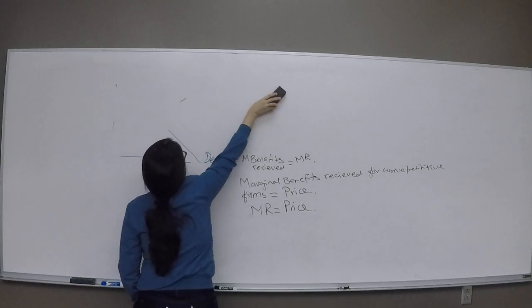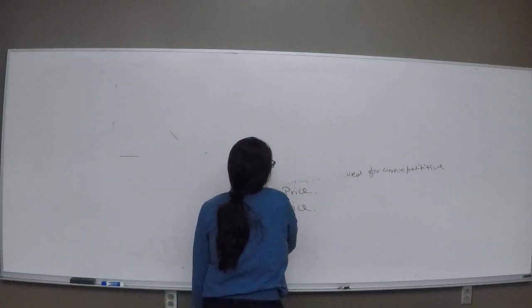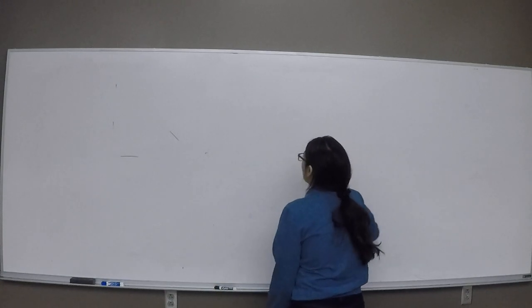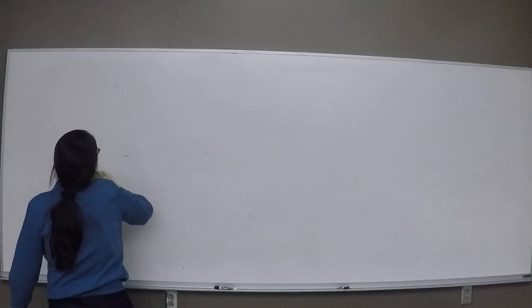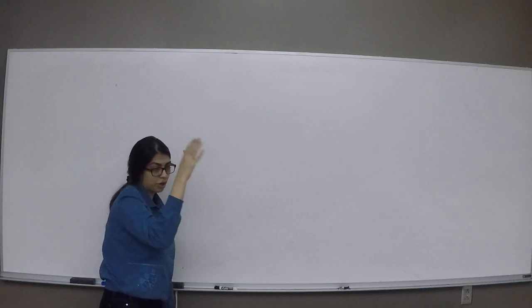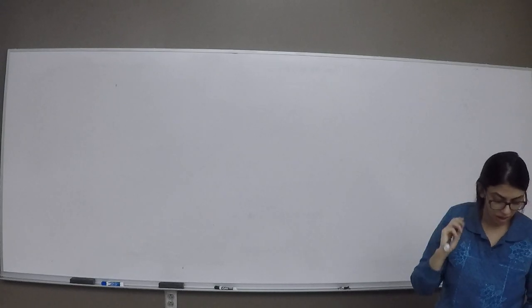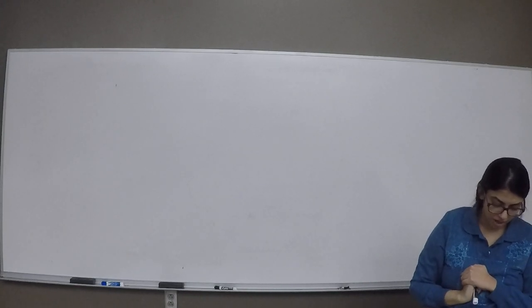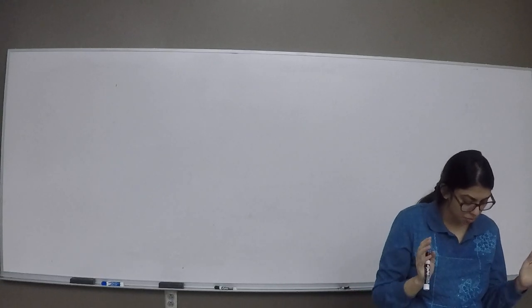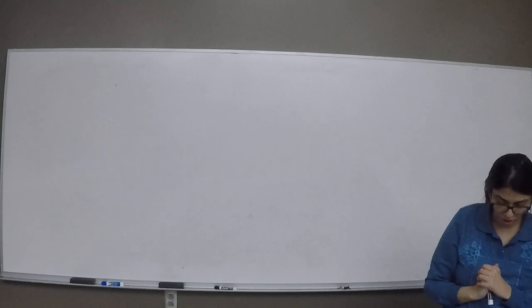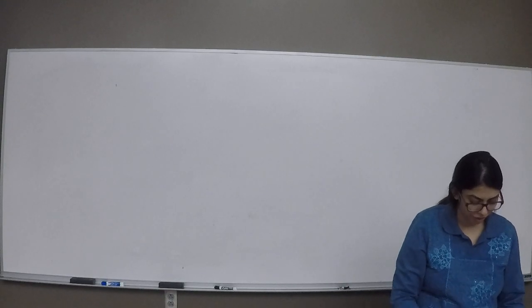Now, this is not always going to be like that. It will change when we talk about monopoly or a different kind of market, but for now, this is like that. So yesterday we said that in a perfectly competitive market, price will not change based on output for any firm.